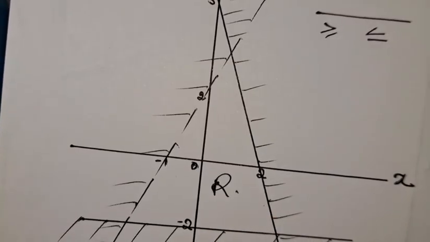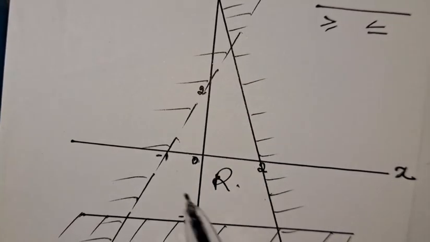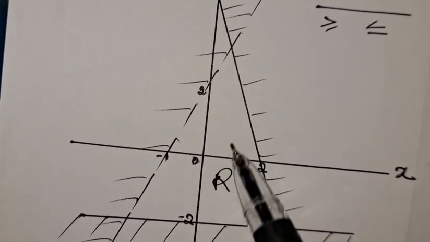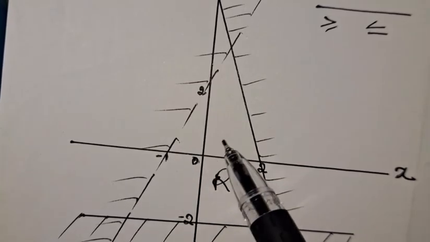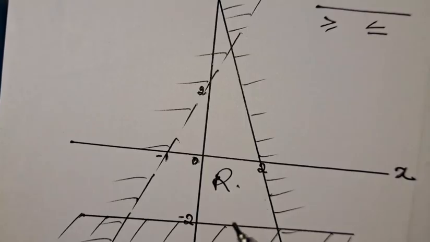Now we need to look at the inequalities that define the solutions of this. For us to find these inequalities, we have to come up with, first of all, the equations of the lines. Then from the equation of the line, we can switch it to the inequality.